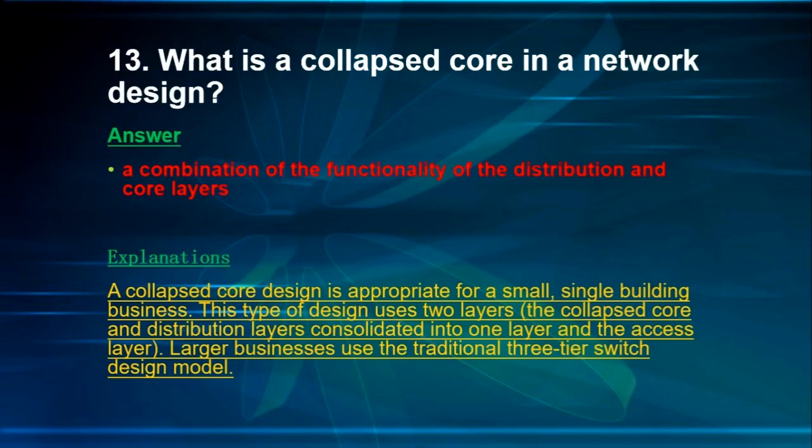A collapsed core design is appropriate for a small, single building business. This type of design uses two layers, the collapsed core and distribution layer consolidated into one layer, and the access layer. Larger businesses use the traditional three-tier switch design model.